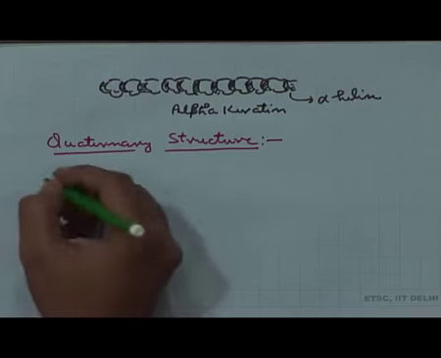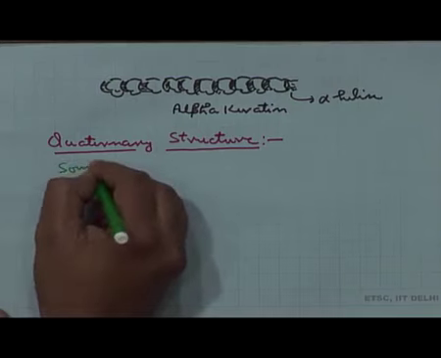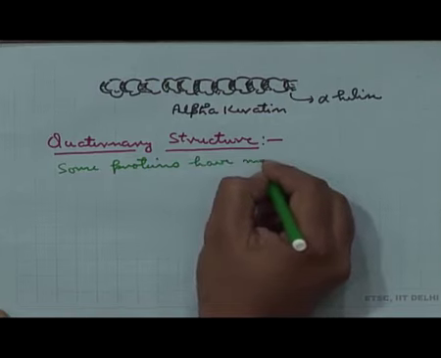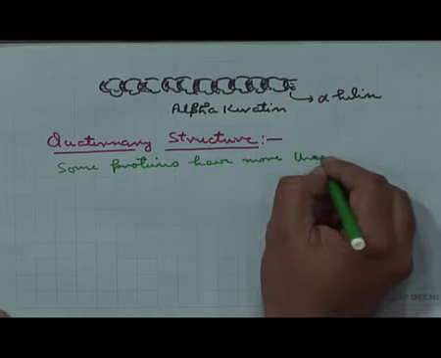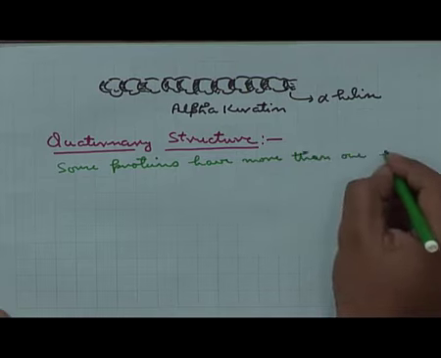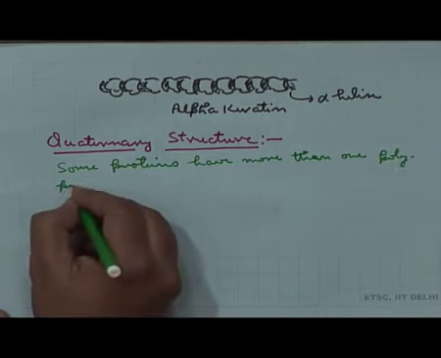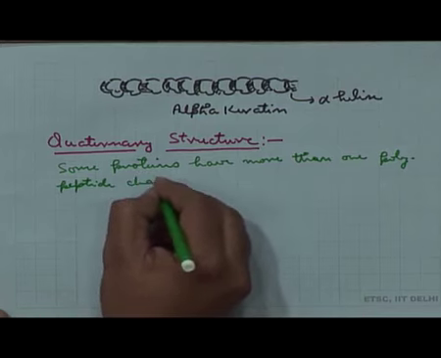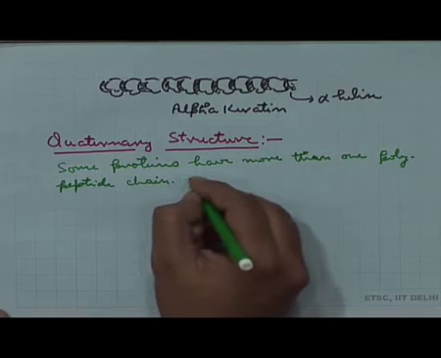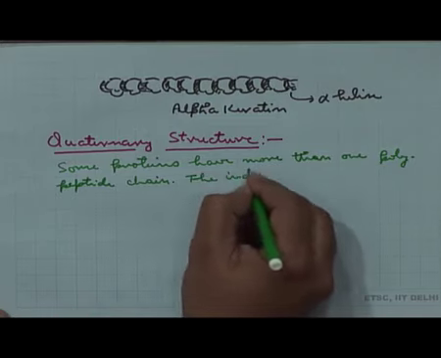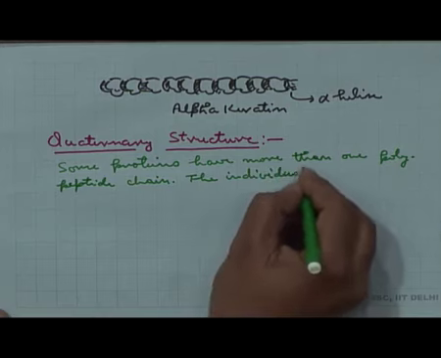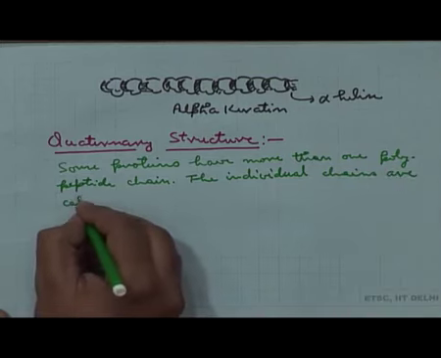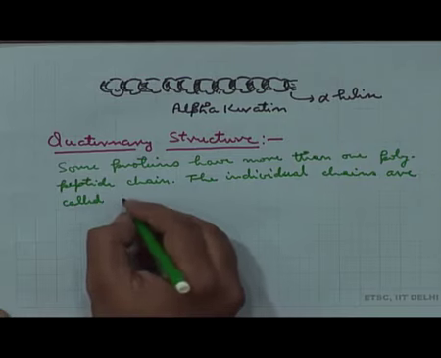So, some proteins have more than one polypeptide chain, and the individual chains are called subunits.